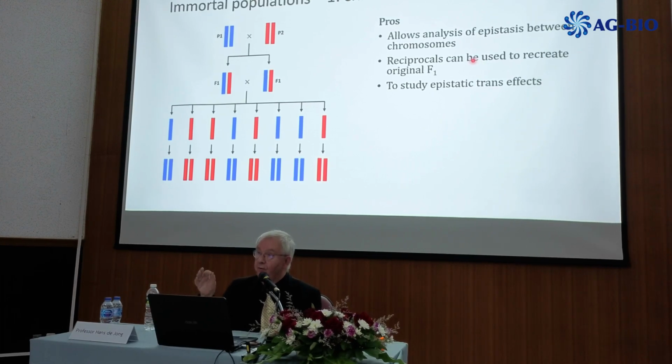So what is the effect of a QTL, not in cis, so not on other markers in the same chromosome, but on QTLs in other chromosomes? It allows the analysis of epistasis, to remind you, gene-to-gene interactions between chromosomes, and the reciprocals can be used to create an original F1.